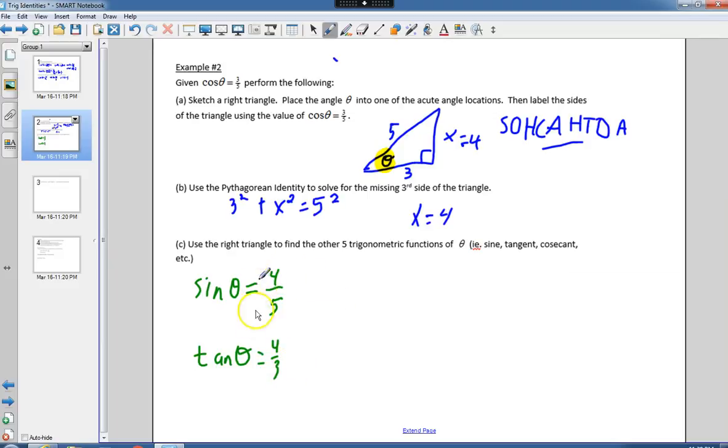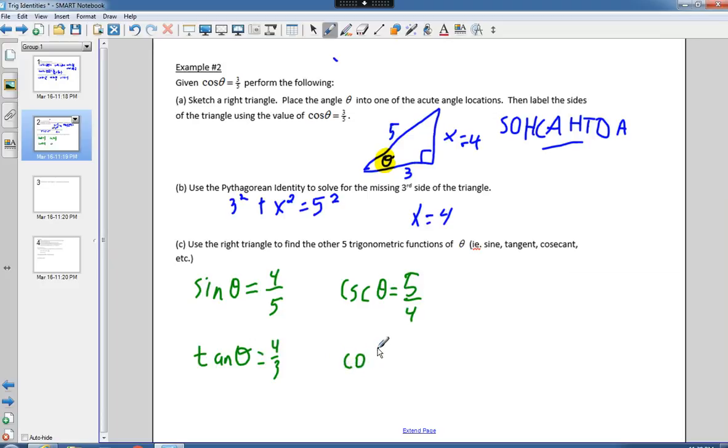Now that we've calculated sine and tangent, and we already know cosine of theta, that should make our reciprocal trig functions easy to calculate, because again, they're just the reciprocals of sine, cosine, and tangent respectively. So cosecant of theta is the reciprocal of sine, and since sine is 4 over 5, the cosecant of theta should be 5 over 4.